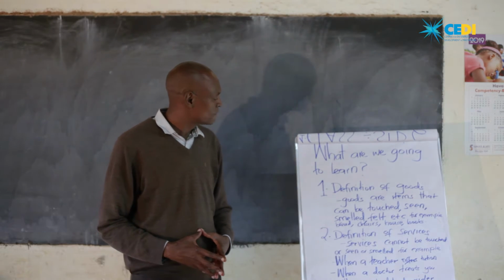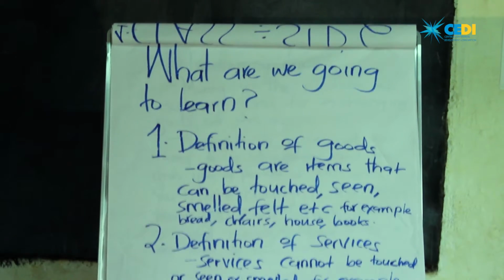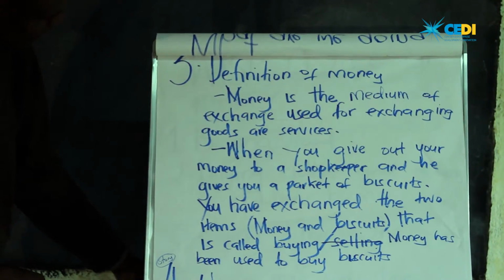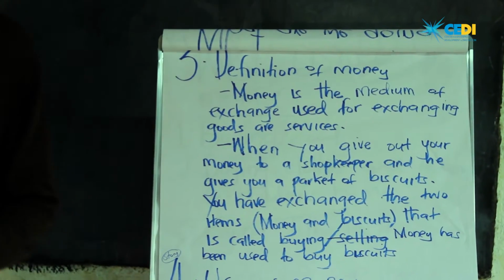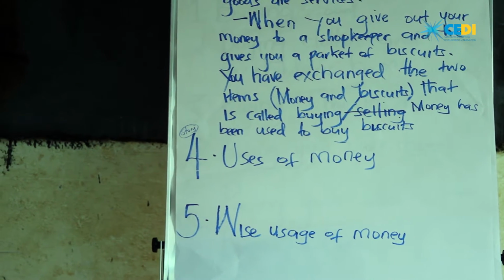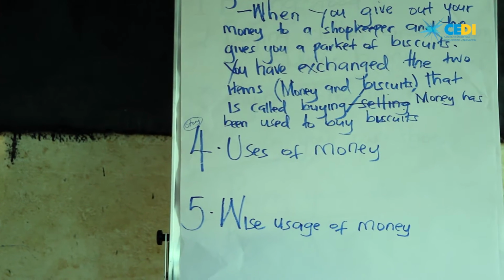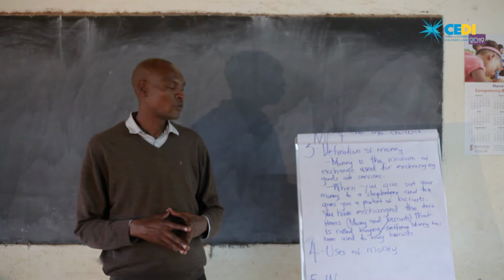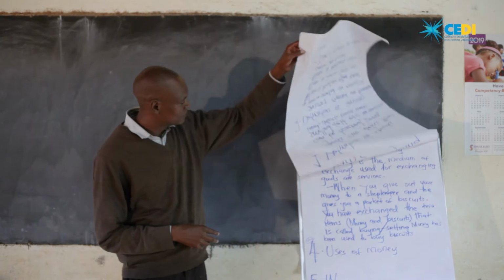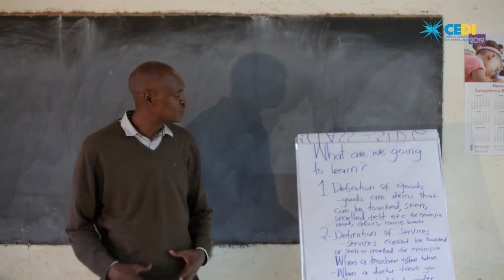We are going to define goods, we are going to define services, we are going to define money, we are going to learn uses of money, and definitely we have to use our money wisely, so we have to learn wise use of money. So, if I may start, we are going to start with the definition of goods.